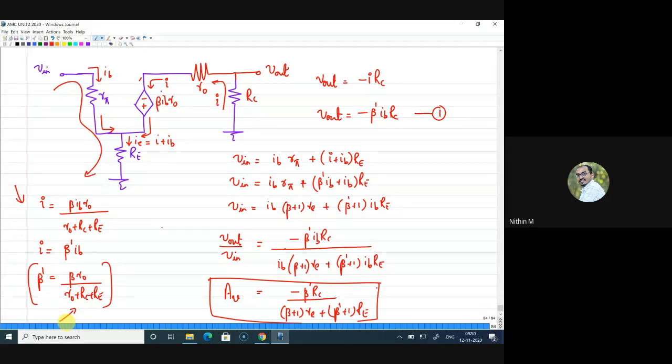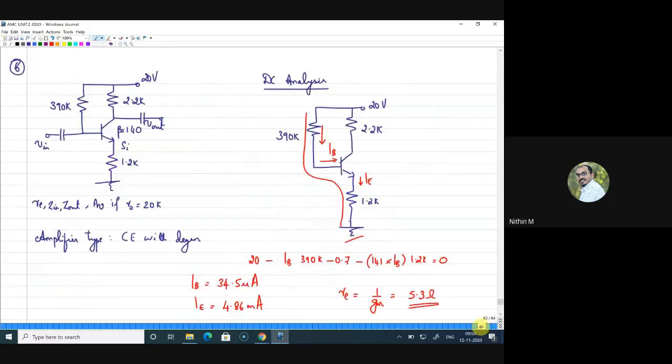Now, as some of you pointed out, since I need to consider the current IB through this, that may slightly vary this. So if I try to include that here, I hope that will not make much difference because the current coming from here is IB. Whenever we took the numerical examples before, we saw that the difference is this much.